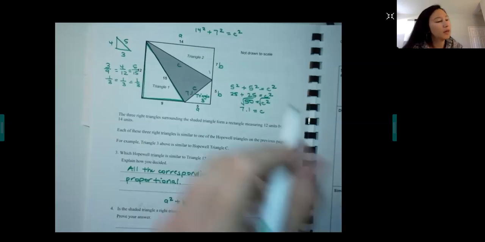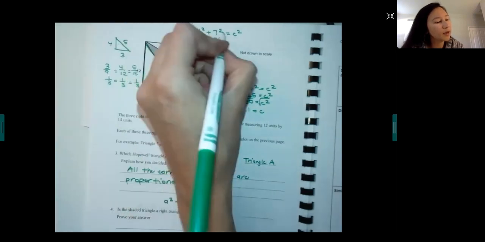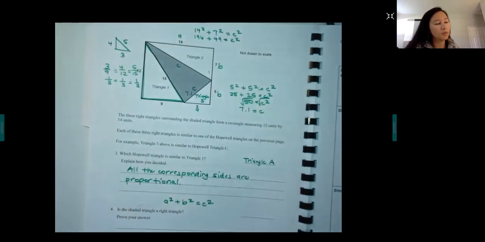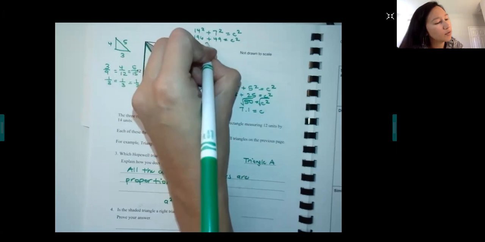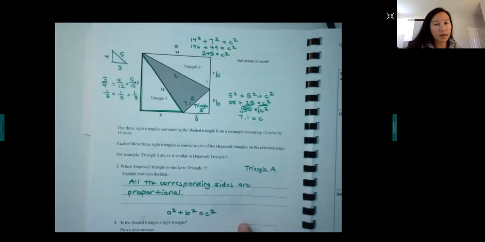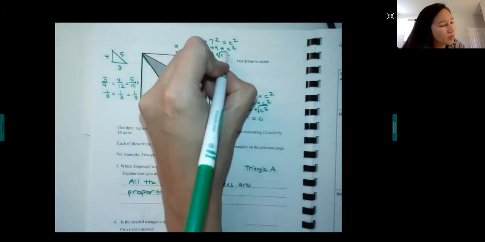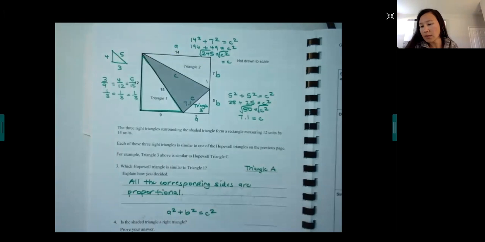So 14 squared is 196, plus 7 squared, which is 49, equals C squared. 196 plus 49 is 245, which equals C squared. So then we need to take the square root, and C equals 15.65.